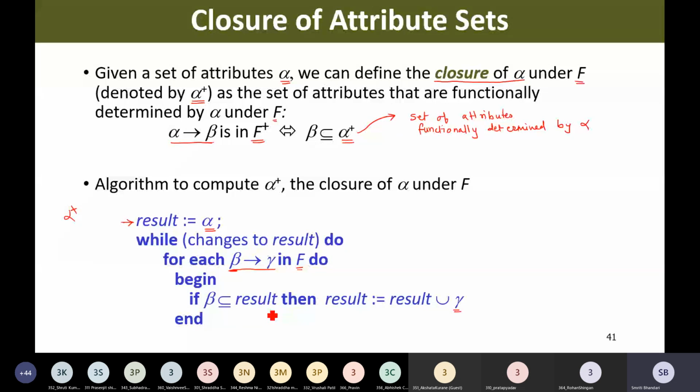And we iterate through all the functional dependencies we have in F. Ultimately, what we get is alpha plus, that is the closure of alpha under F.